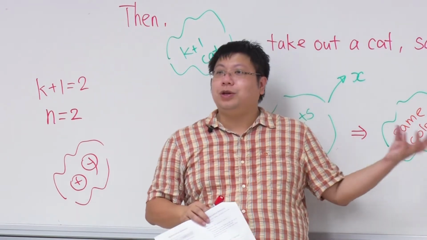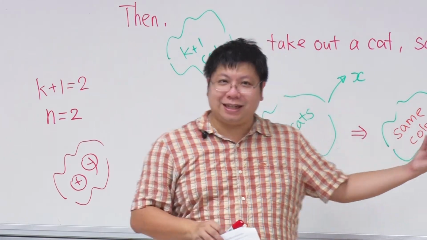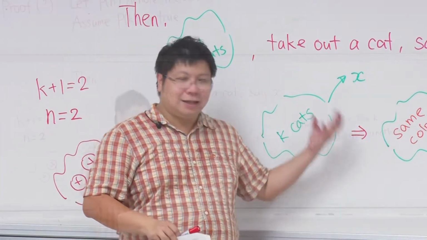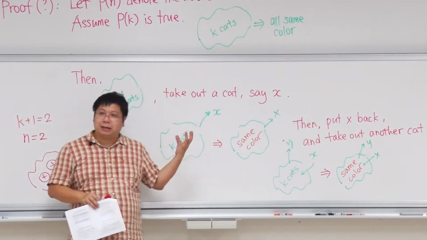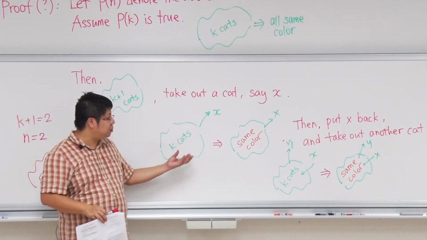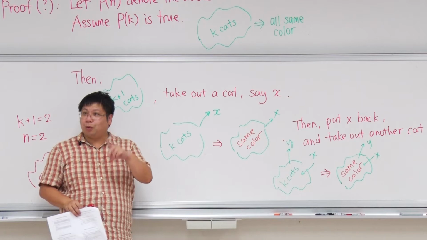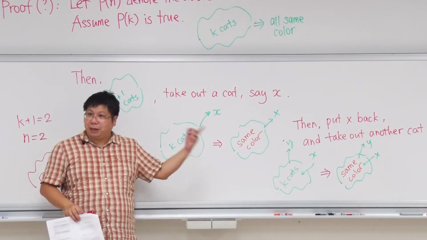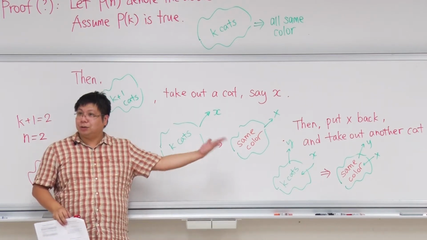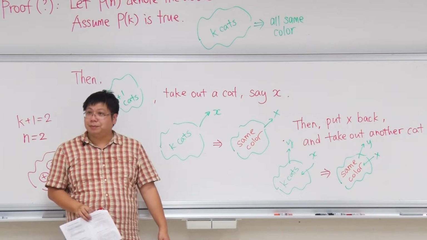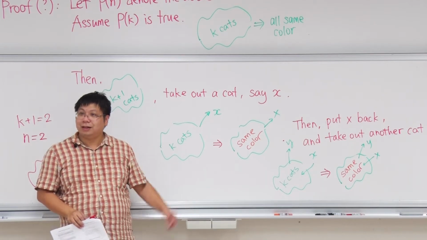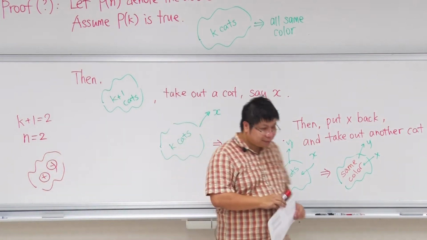We are too lazy to assume that the general case happens. We are always looking at the case where k is greater than 1. But k could be equal to 1. So when k is equal to 1, you cannot make a conclusion. Is that okay? So this is something wrong here.